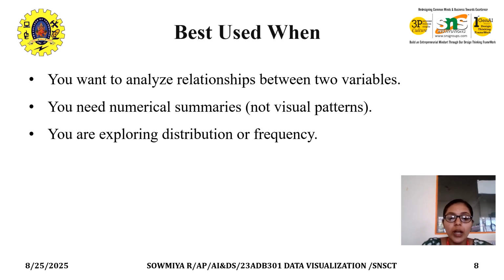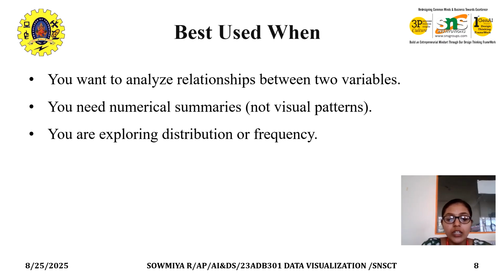Now we are going to compare the trellis and crosstab. In trellis, the format consists of a grid of small charts, and crosstab consists of a table of rows and columns. In trellis, we represent the data as visuals, that is trends and patterns. And in crosstab, numerical terms like counts and summaries.